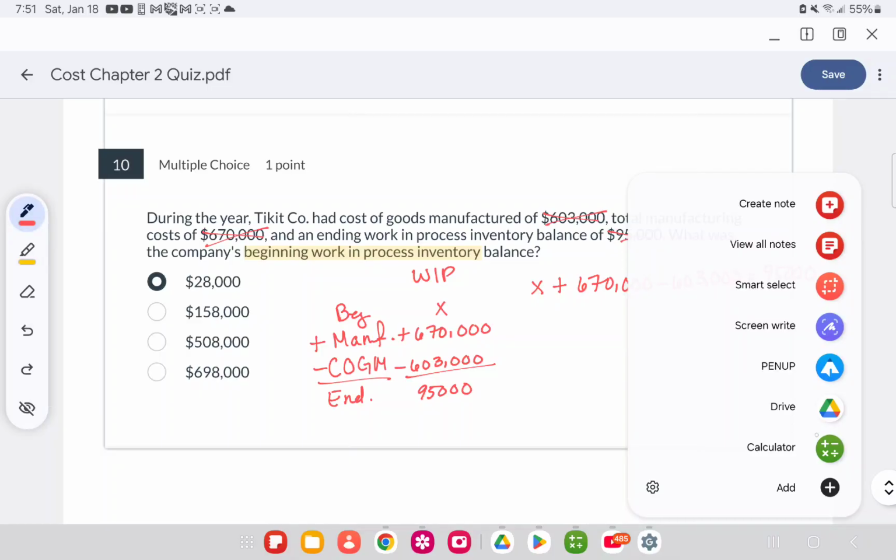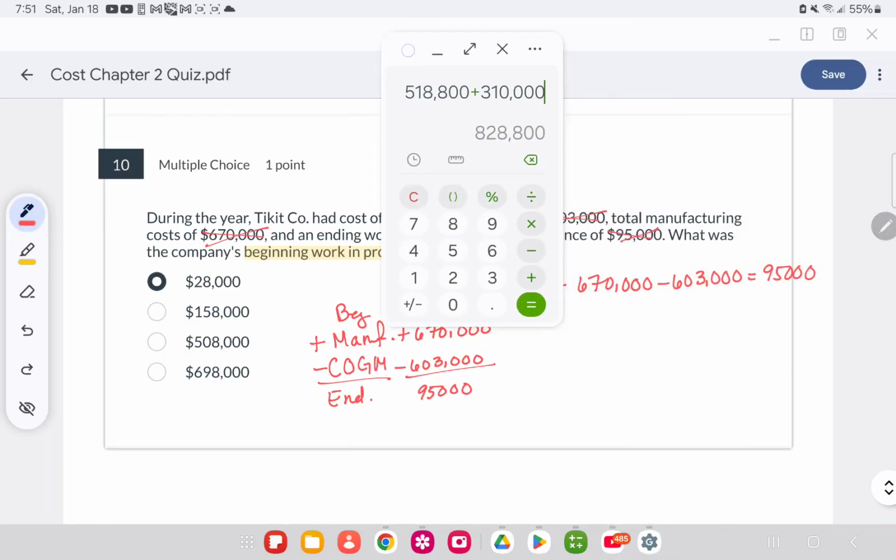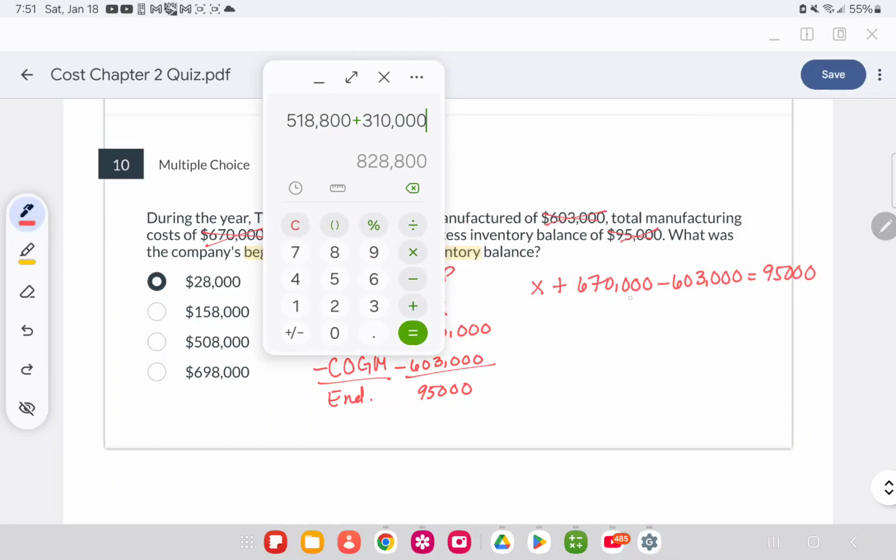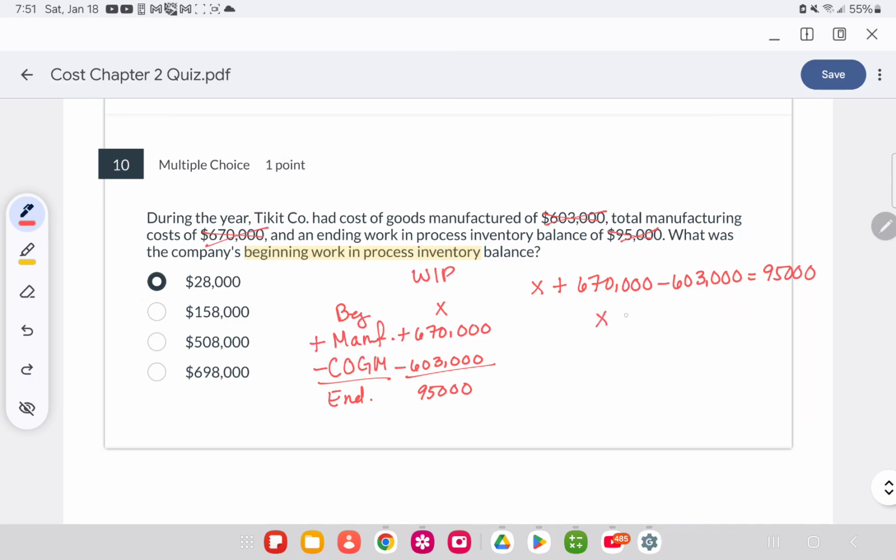All right, let's do it. So first things first, let's go ahead and combine what we have in numbers on the left-hand side. So 670 minus 603. I already lost it. 670 minus 603, that's 67.